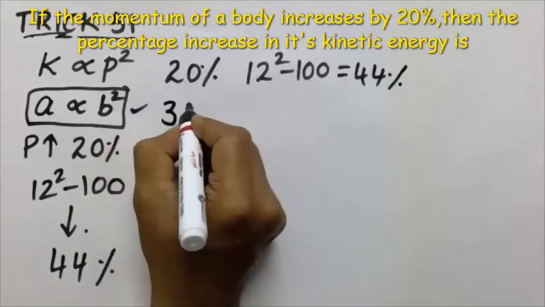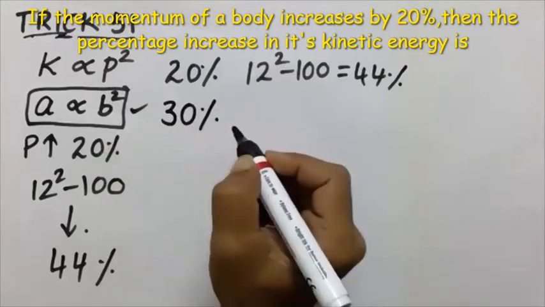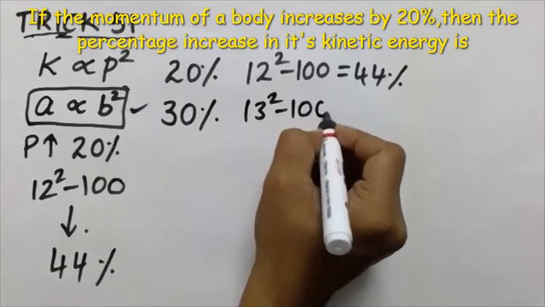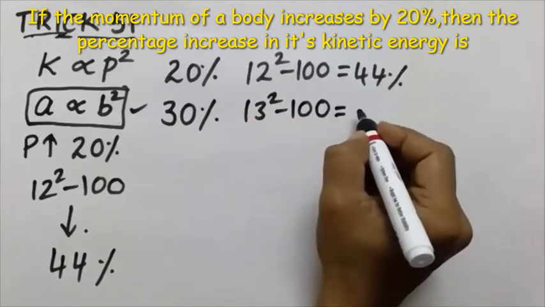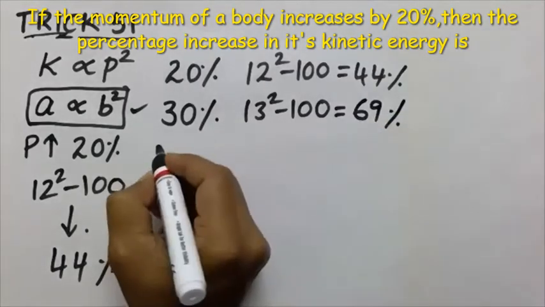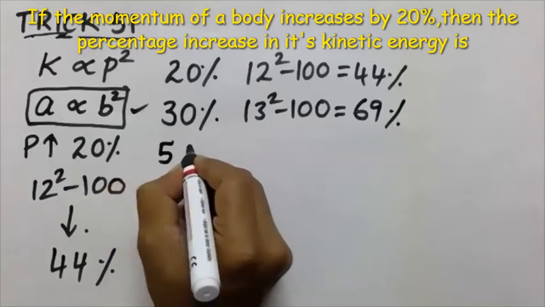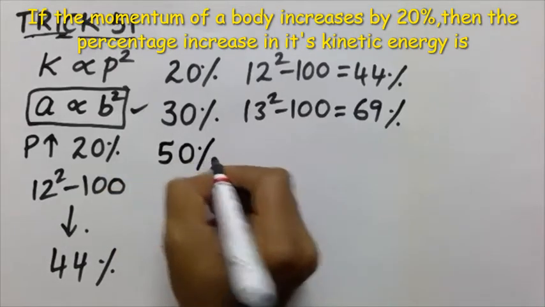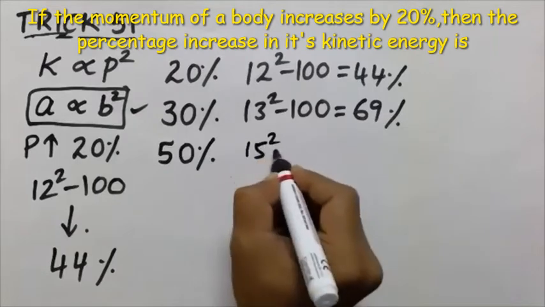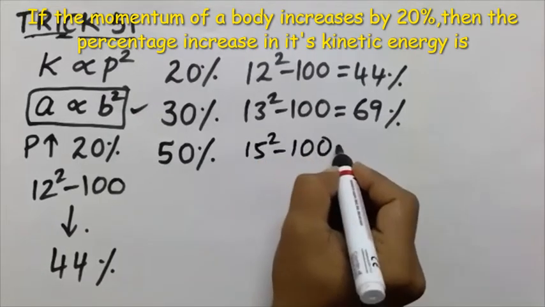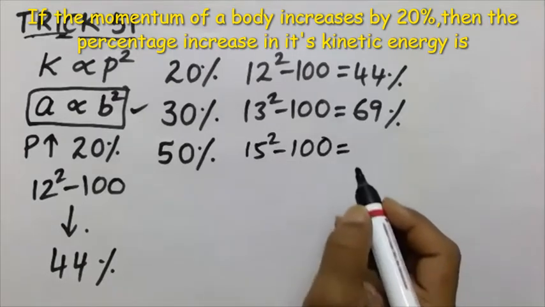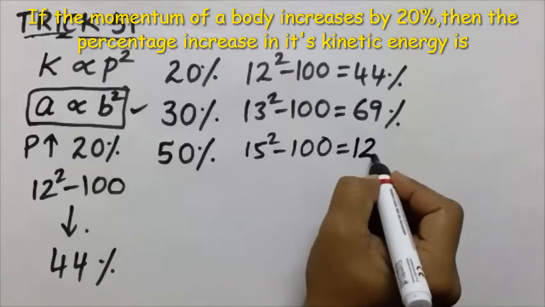If momentum increases, let me extend, by 30%: 13 square minus 100. 13 square is 169, minus 100 is 69%. Further extend to 50%. If momentum increases by 50%, then 15 square minus 100, you will get 225 minus 100. What will you get? 125%.